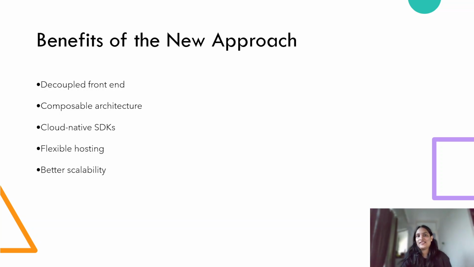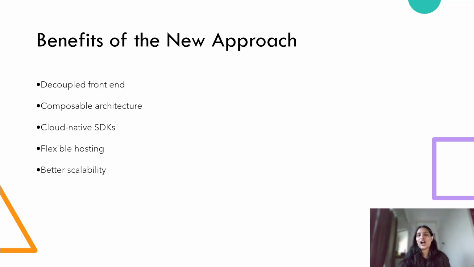Fourth one is flexible hosting. You can host your front end anywhere, independent of Sitecore's environment. Fifth one is better scalability. It is lightweight compared to Headless JSS. As we know, it is now decoupled and independent with the two different SDKs, Content SDK and Cloud SDK, so it is a very lightweight library.